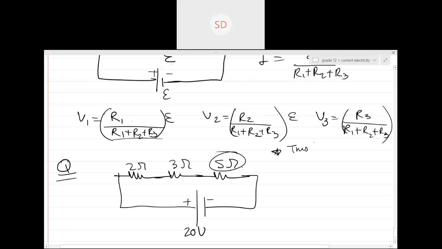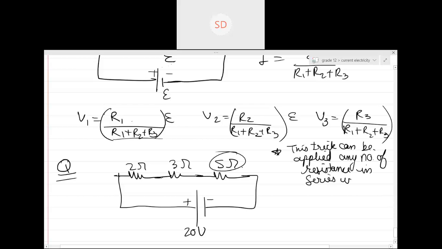This trick can be applied to any number of resistors in series with each other. Please remember, it should be only this case: when there is R1, R2, R3 in series.